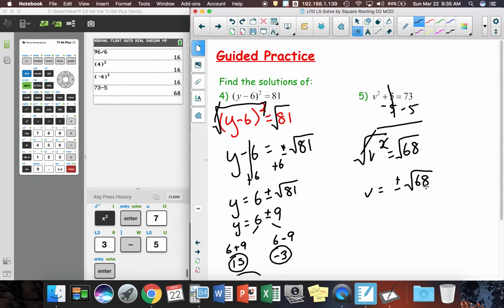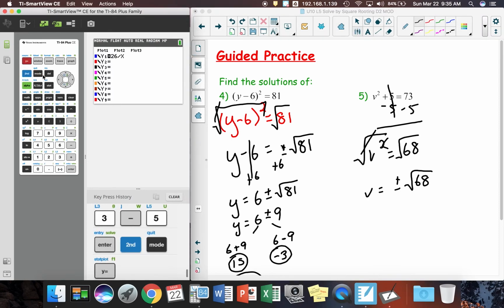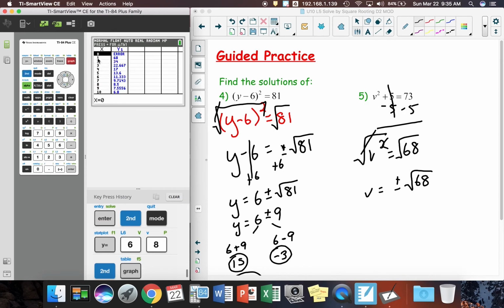Now, 68, that doesn't look like a perfect square, right? So what we're going to do is see if there's any perfect squares that go into it. So I have 68 divided by x. Now let's see, we have 1 and 68, 2 and 34, there it is, 4 and 17.